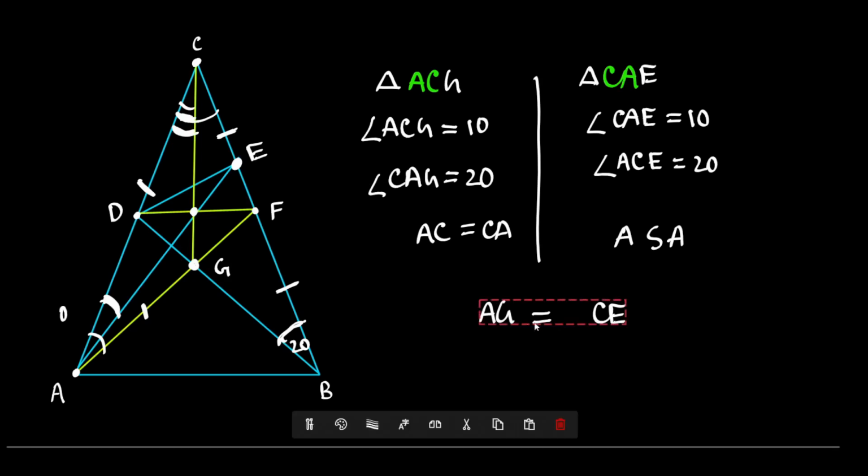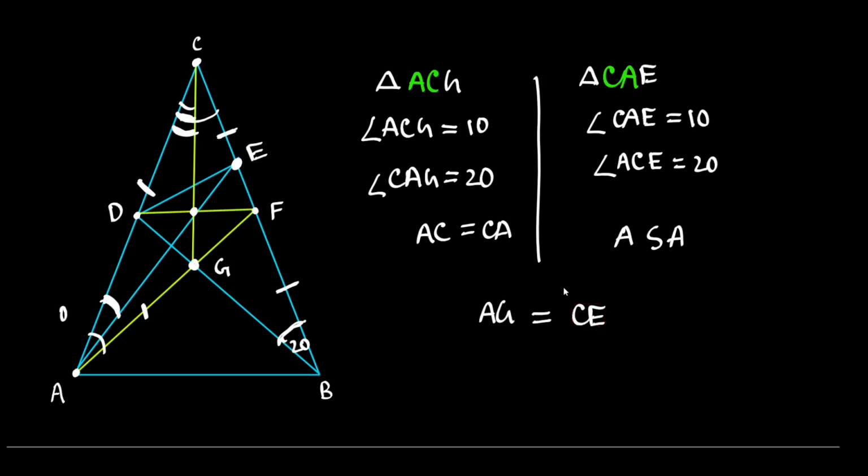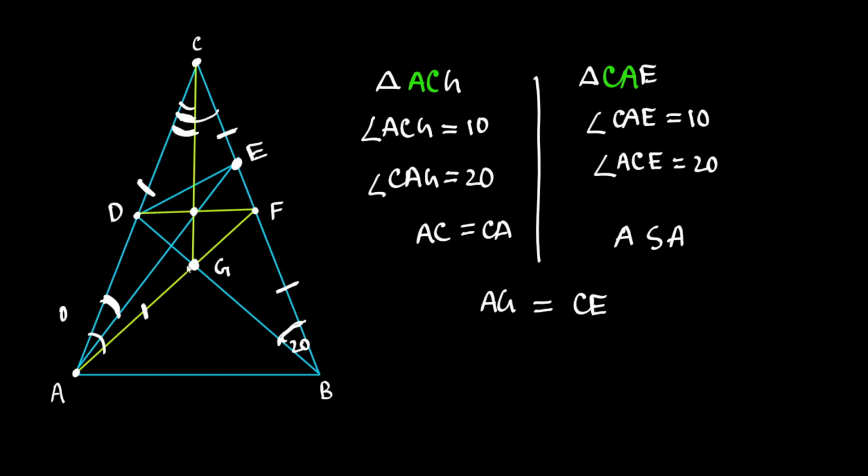Although the diagram is not to scale, visibly we can't say AG is equal to CE, but from our calculation we have found out that AG is equal to CE. What benefit do we get from there? Some slides before we had found that CF is equal to AF, and AF is basically AG plus GF, and CF is basically CE plus EF.